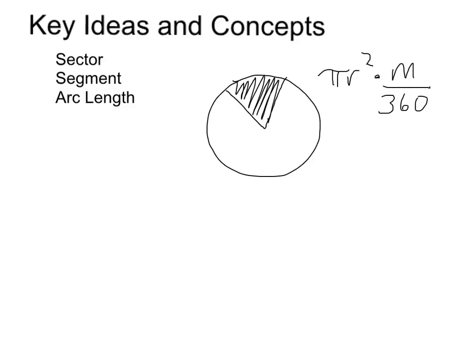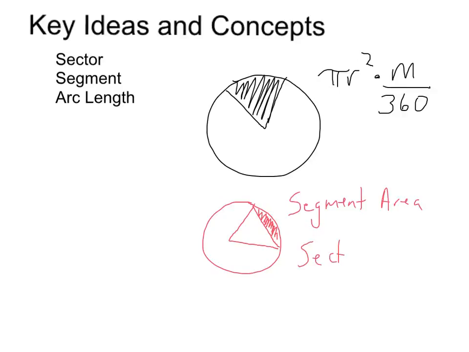A segment is going to be a circle with a sector in it and then also the chord, and the segment is the area between the chord and the circle. And we find segment area by taking the sector area and then subtracting the triangle area.